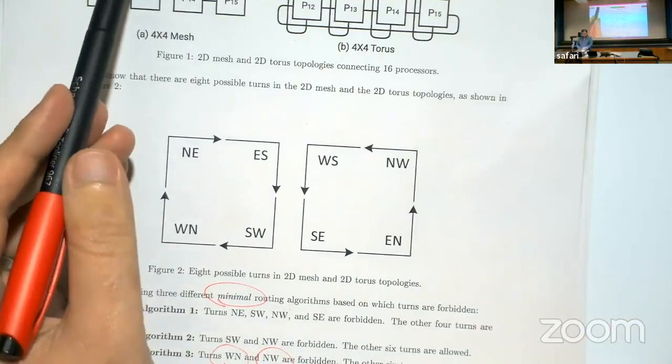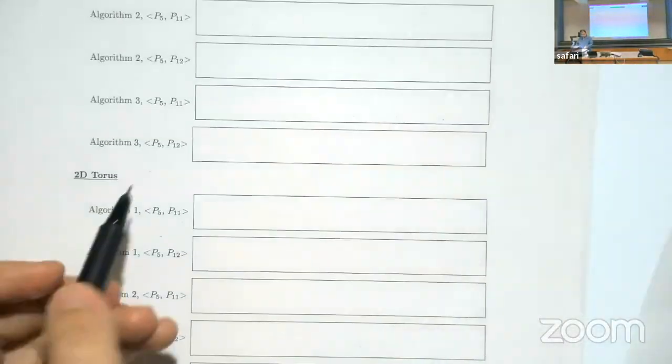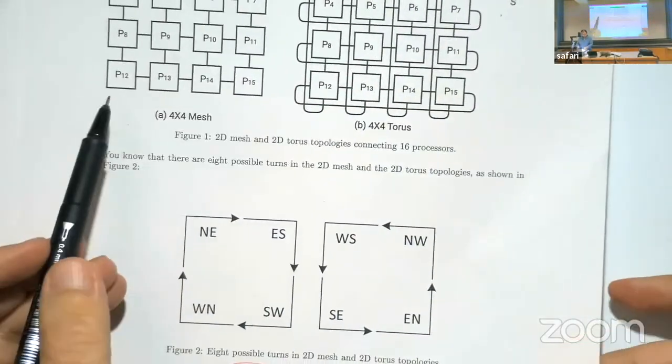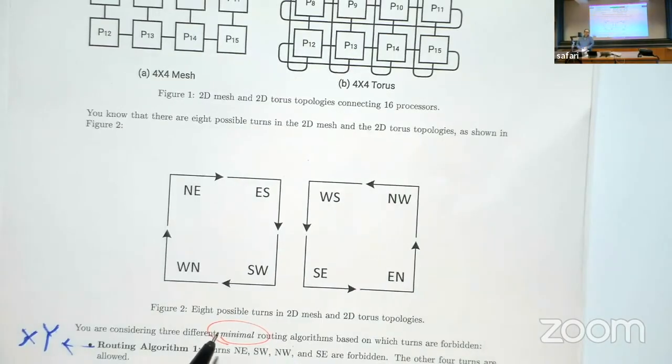However, from P5 to P12, which is the second part of this question, since we are going to the west of the network, we may take west-north or north-west. Are we really taking those turns?